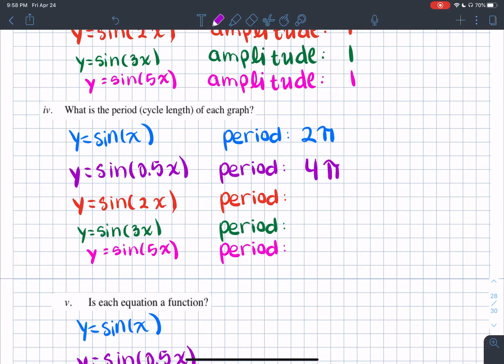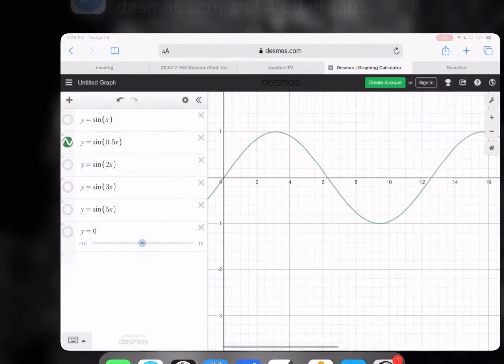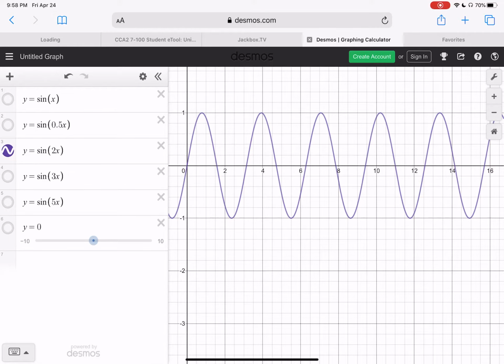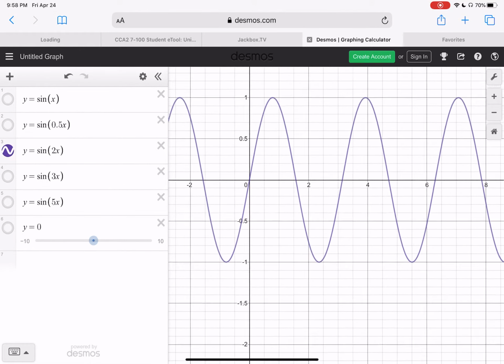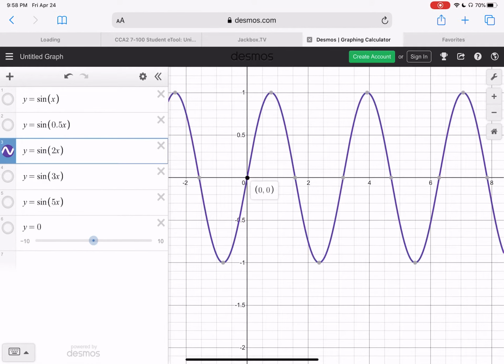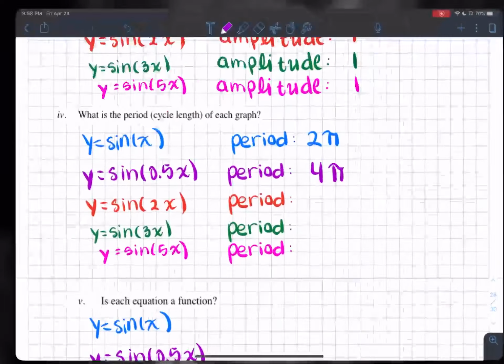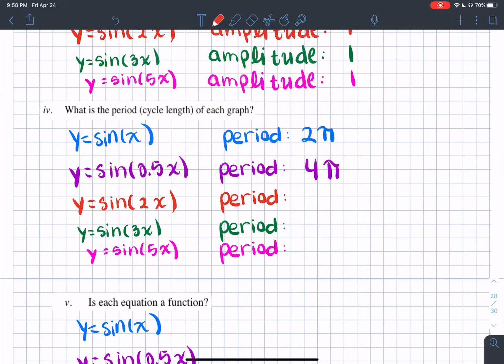Now let's look at sine of 2x. So it starts here at 0, 0, goes up, down, and back up. One cycle is pi. So the period is pi.